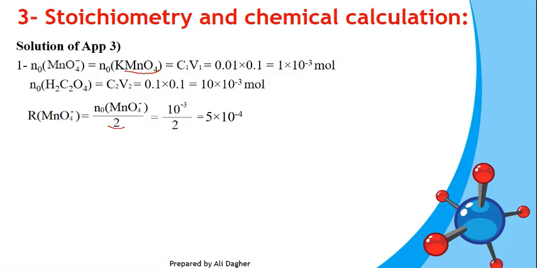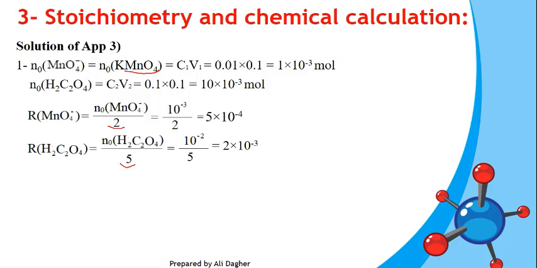The ratio is without unit because it is mole over mole, stoichiometry in mole. Ratio of H2C2O4 equals N0 H2C2O4 over stoichiometry, which is 5 based on the net equation, equals 10^-2 over 5, equals 2 times 10^-3, the ratio of H2C2O4.